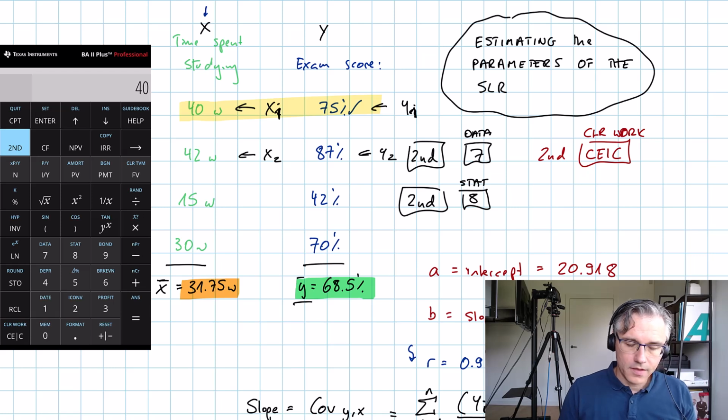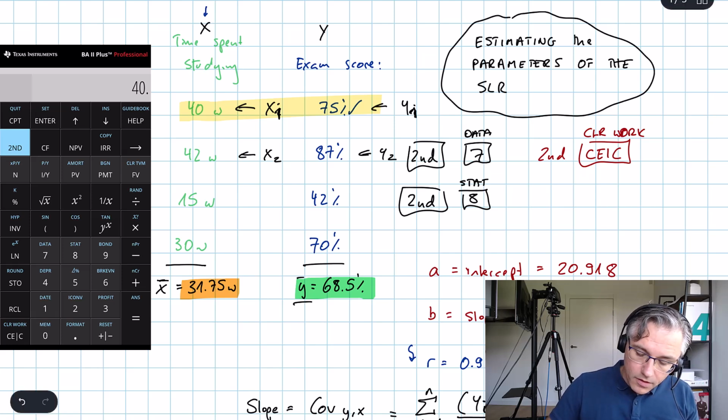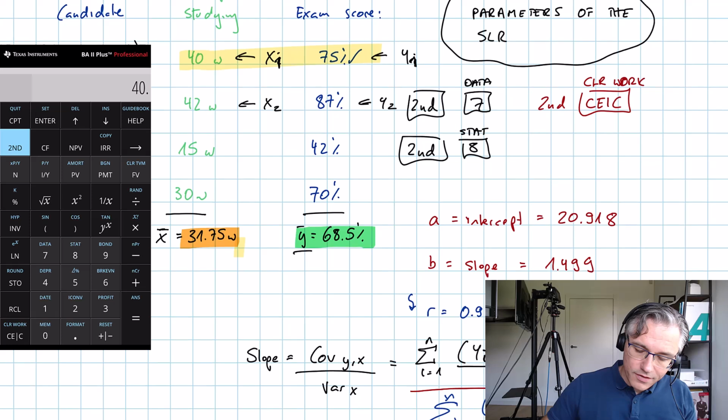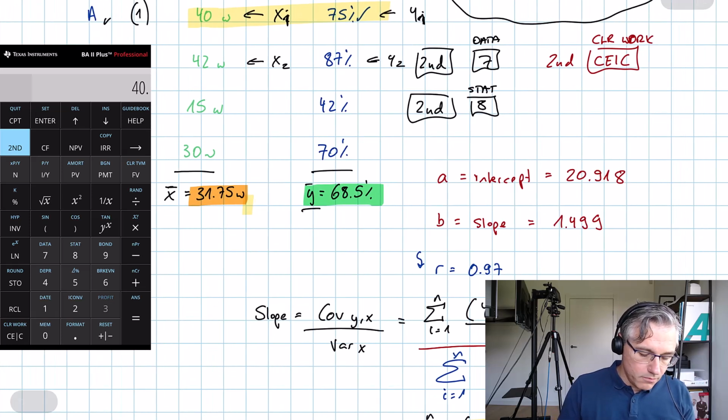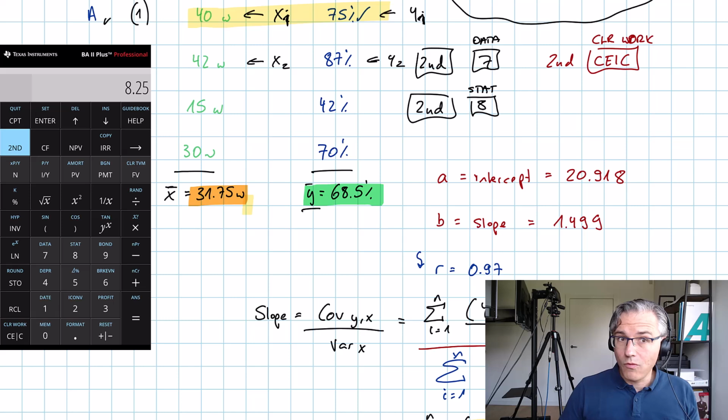40, that's the number of weeks, minus the mean over here, which was 31.75. Let's pull this up so you can see it, 31.75. So minus 31.75, okay, that's 8.25, multiplied by the difference of the y value.